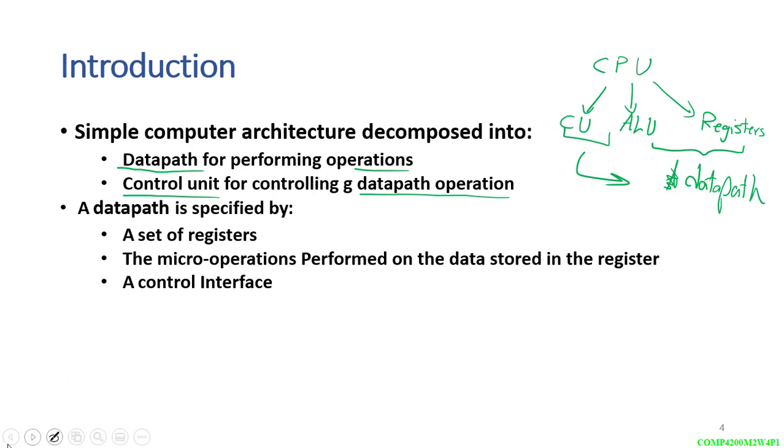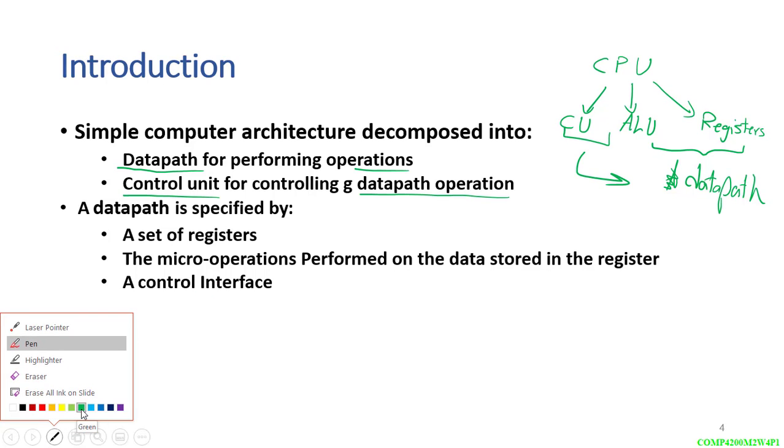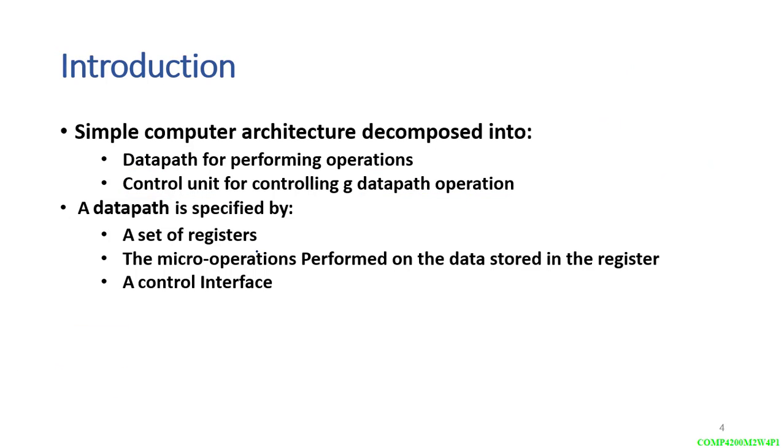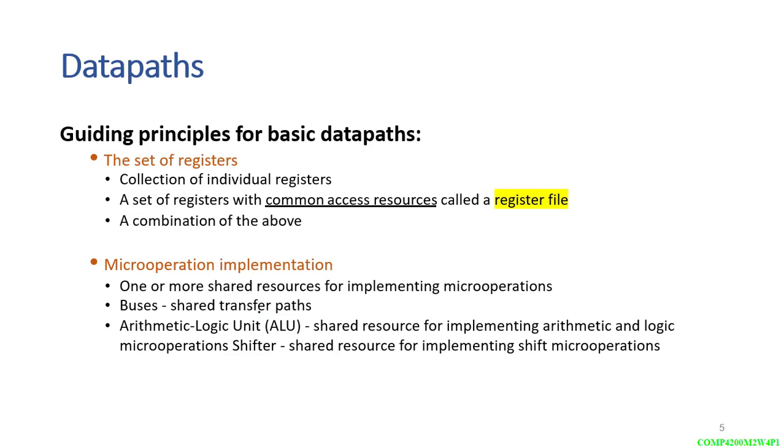So the data path itself is basically the set of registers and the micro operations performed to store data into these registers, and a control interface, of course, in order to communicate with the control unit.